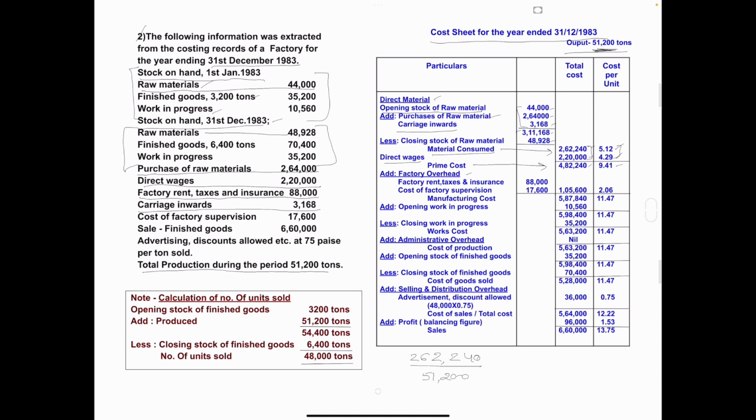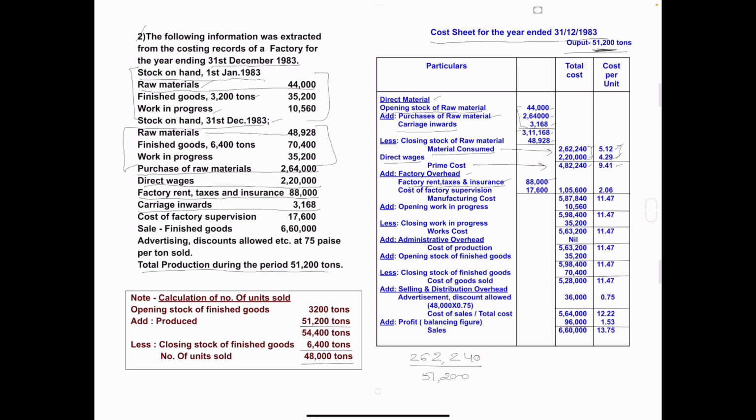Write here under factory overhead, factory rent, taxes and insurance amount 88,000. Write in the inner column. If in the problem they have given two or more items related to factory or any other head, write in the inner column.